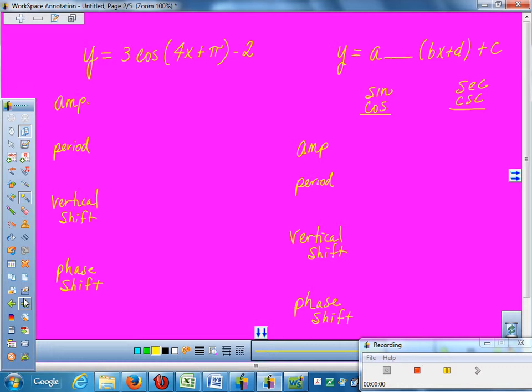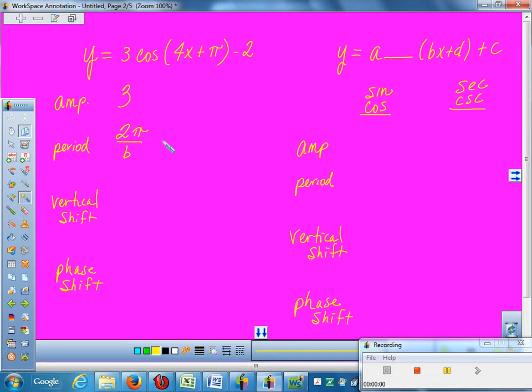So if I asked you to look at this cosine problem and name the amplitude, hopefully you would say the amplitude is a nice round 3, the number in front of cosine. The period, you'll recall, we found by doing 2 pi divided by b, b being the number in front of x.